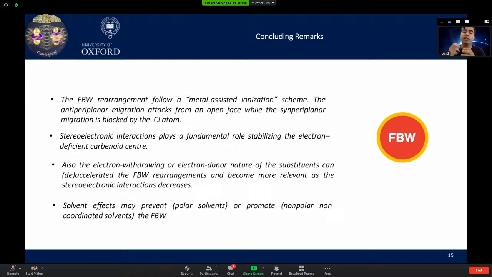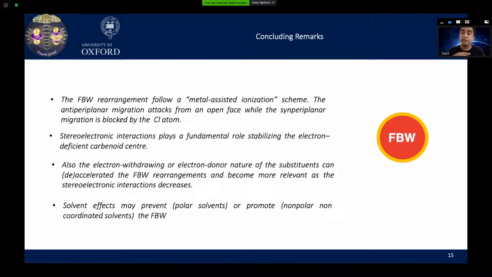Also, we have learned that the stereoelectronic interactions might play an important role during the migration of the antiperiplanar, while in the case of the symperiplanar, these interactions are almost absent, and the nature of the substituent groups seems to match better with the description of the barriers.